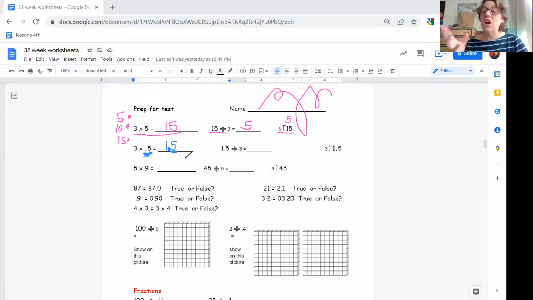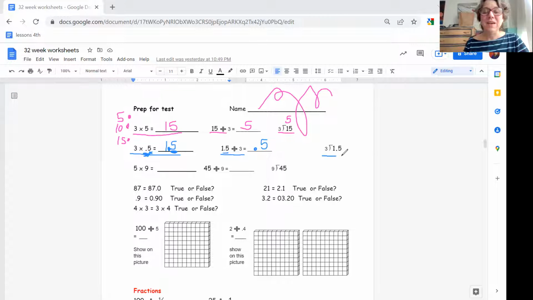answer. Numbers are digits. Okay, same group of numbers, 1.5, 3, and this 0.5. So we know our answer has to have one number after the point because the question has one number after the point also. So that's for multiplication and division, not adding and subtracting.